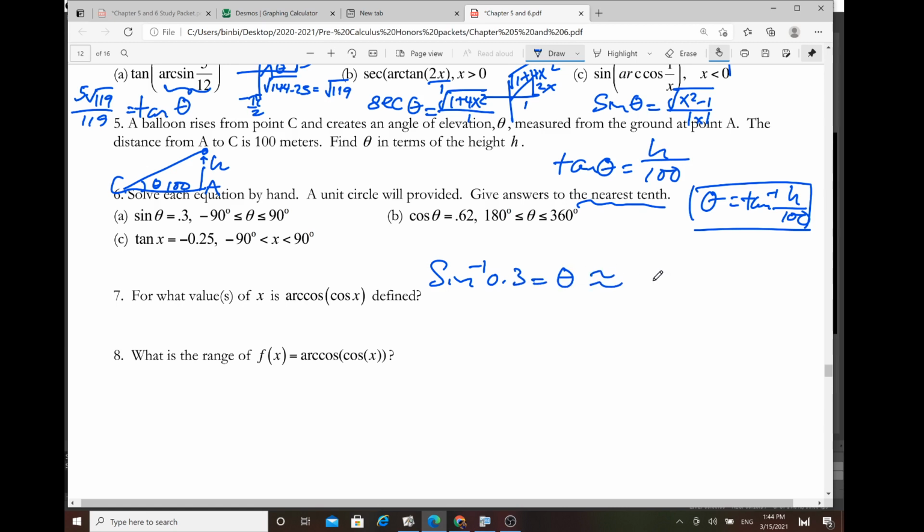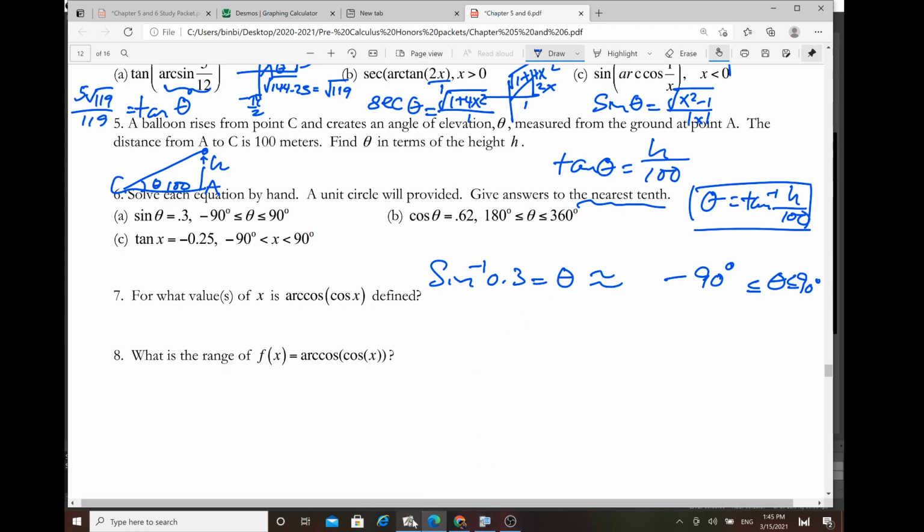And then for B, this one is 0.2, and it runs between 180 and 360. So now, got to be careful with the restricted range. For the first one, the restricted range for the inverse of sine is from negative 90 to positive 90. So that means theta is in quadrant 1.